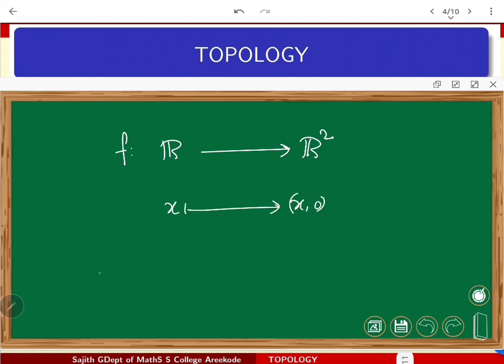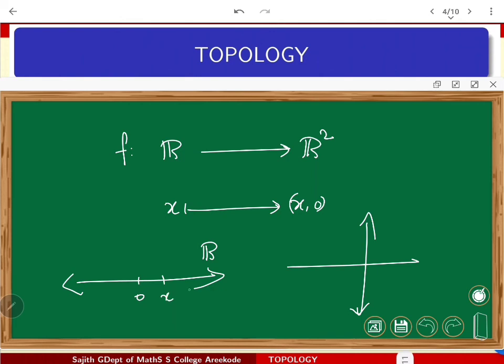So geometrically, the domain is the real line and the codomain is the plane with the usual topology. Each x is mapped to the corresponding (x, 0). This is how the function is going to behave. That is our f. With the usual topologies, my capital X is R, capital Y is R2.